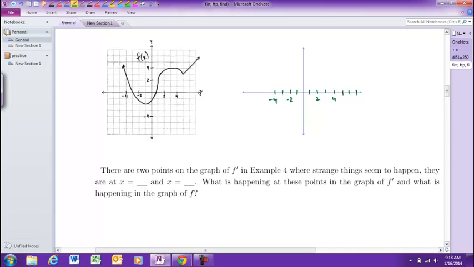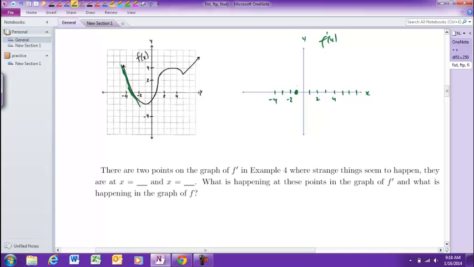Basically what I'm going to do is, as I come along here, when I look at the tangent line to the curve at these values right here, my tangent lines all have negative slope. They're all going downhill. So that would mean that my derivative function would have negative y values, because it's corresponding to where we're getting negative slopes over here, and it would continue to have those up until x is equal to -1.